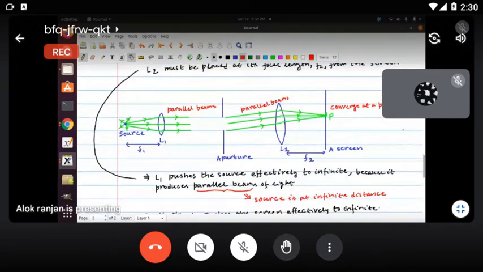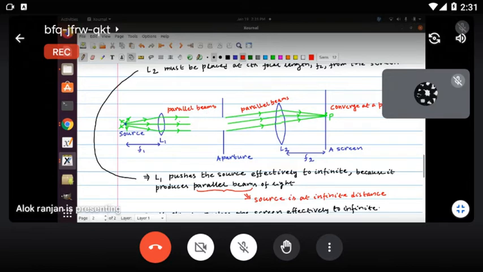So how can we push source and screen towards effectively infinite, as you can see from this schematic diagram? We have a point source, and because we have a lens at distance of focal length f1, on the other side we should have parallel wavefront or parallel beams.